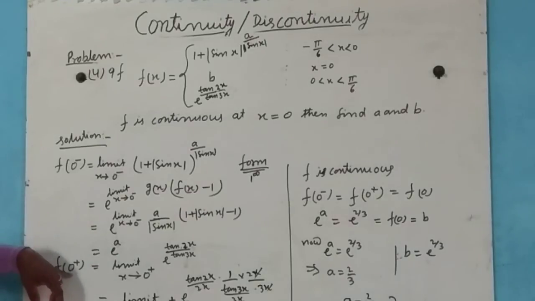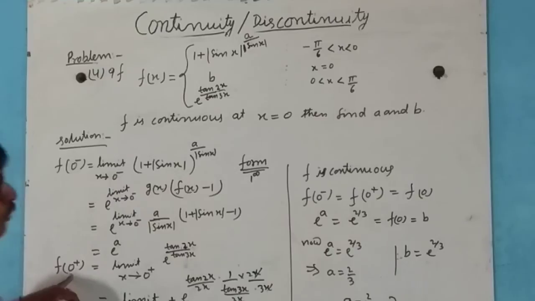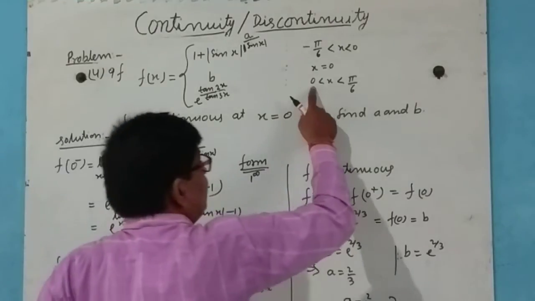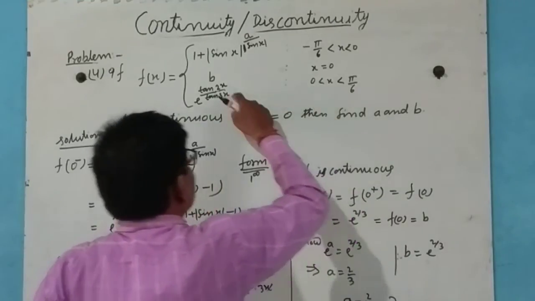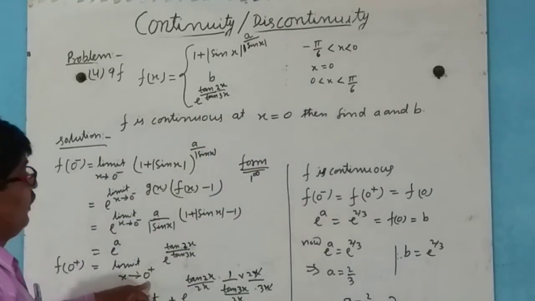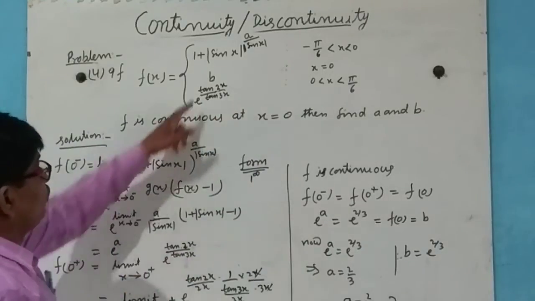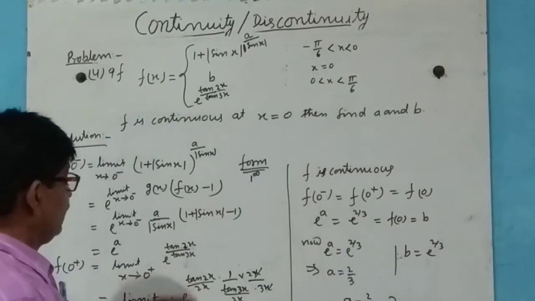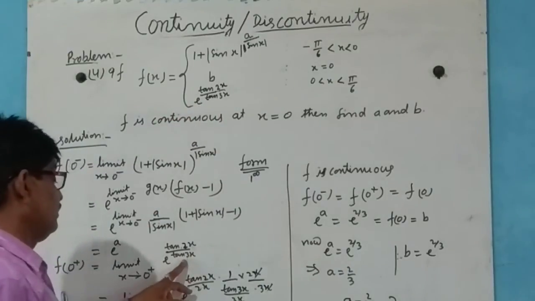Now f(0 plus), which means x varies from the 0 plus side, so limit x tends to 0 plus e to the power tan 2x divided by tan 3x.